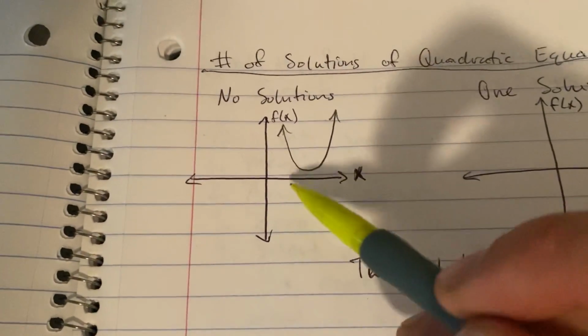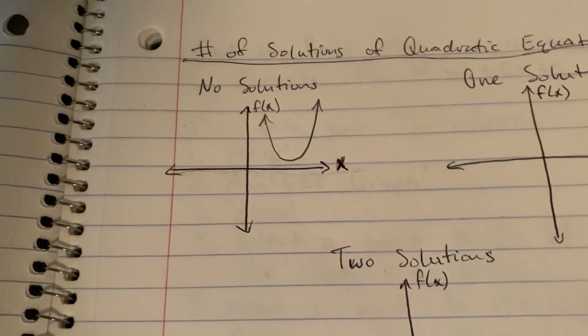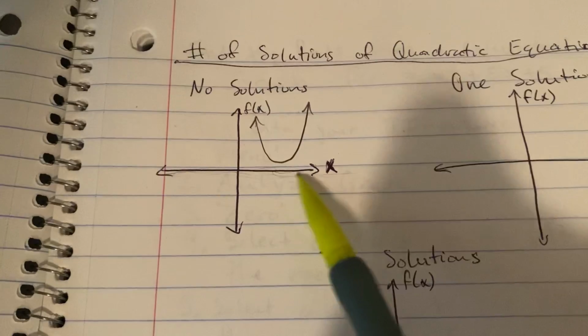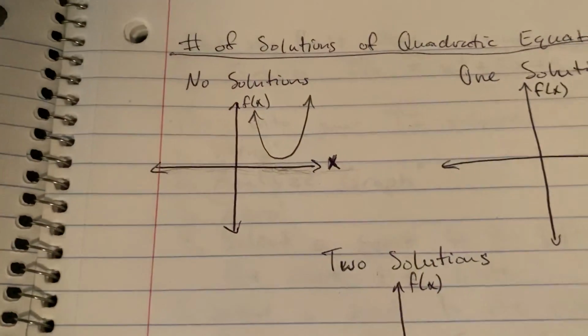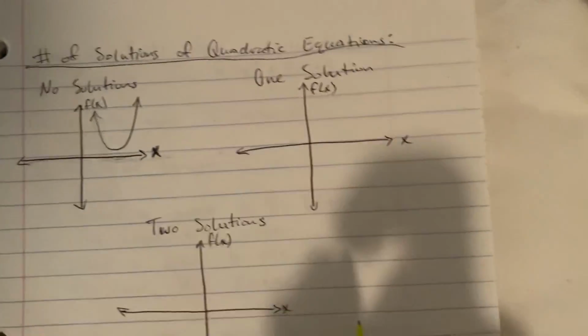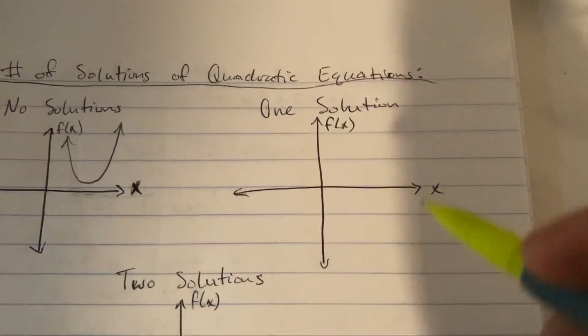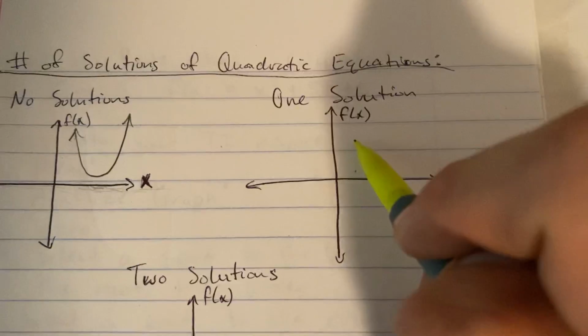See how on this graph it never touches the x-axis, so it never crosses, and that means there are no roots. Here we have one solution, and that would look something like this.